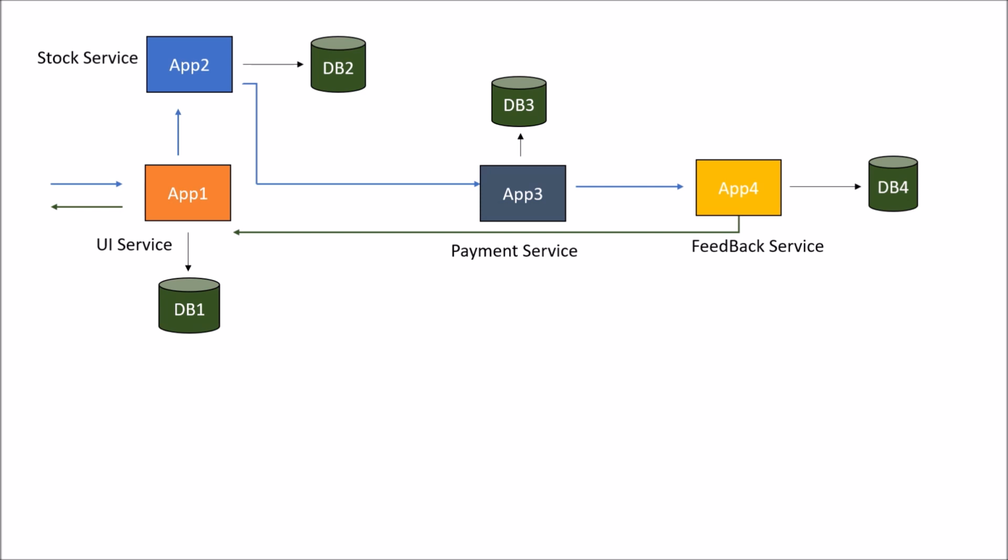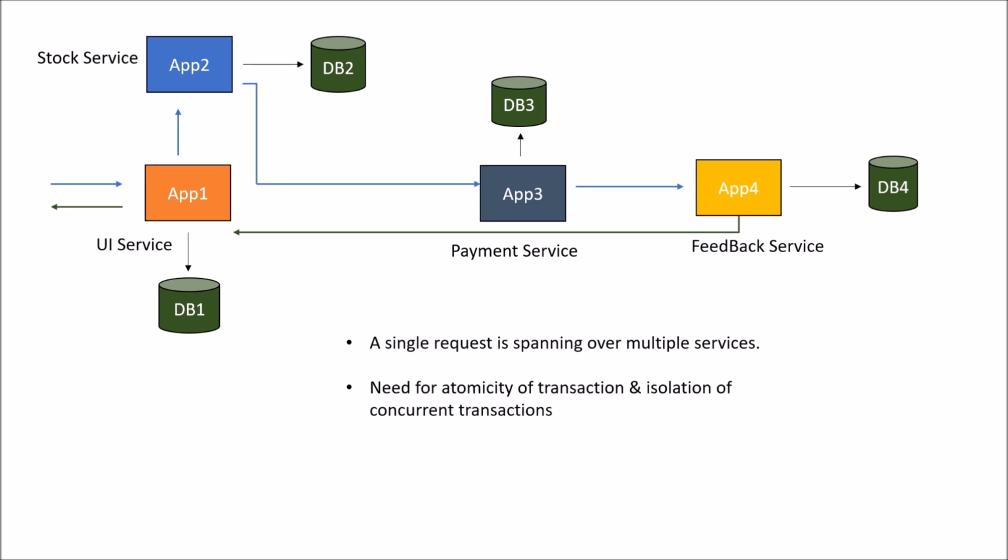So let's note down a few points related to such scenarios that we experience in real life. Here you can see a single request is spanning multiple services. When a single request spans multiple services, atomicity of the transaction and isolation of concurrent transactions are required.